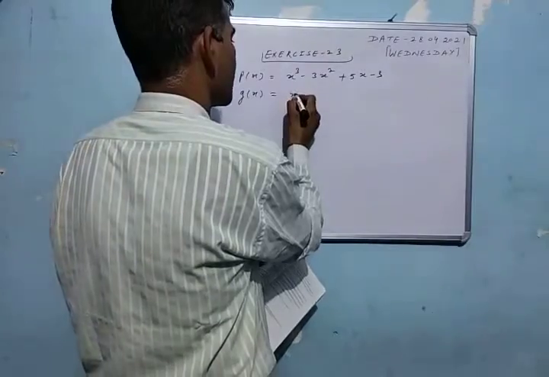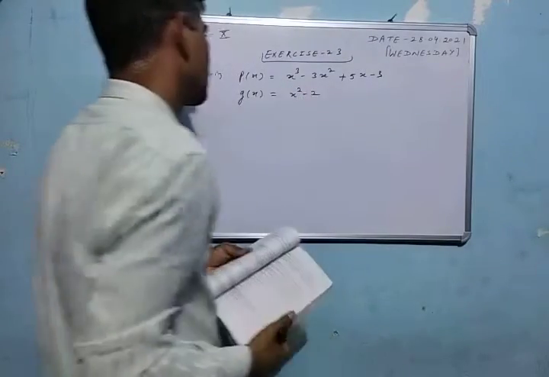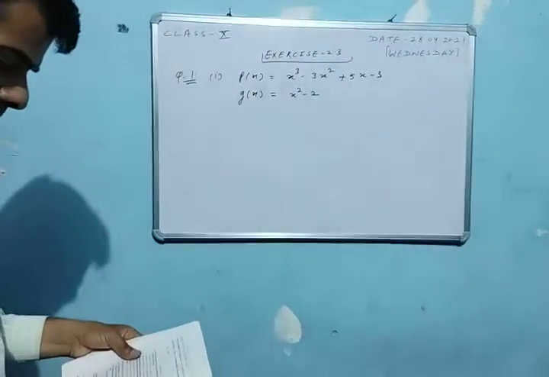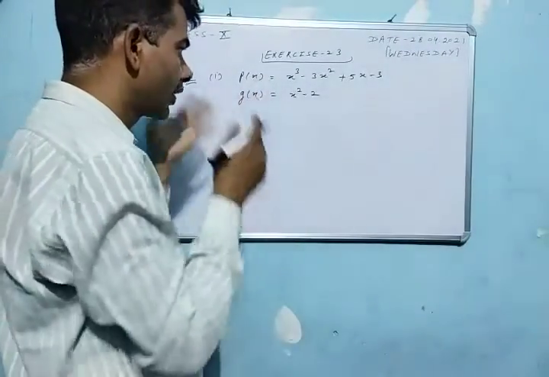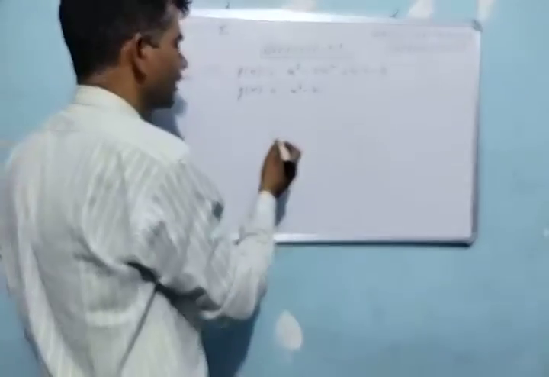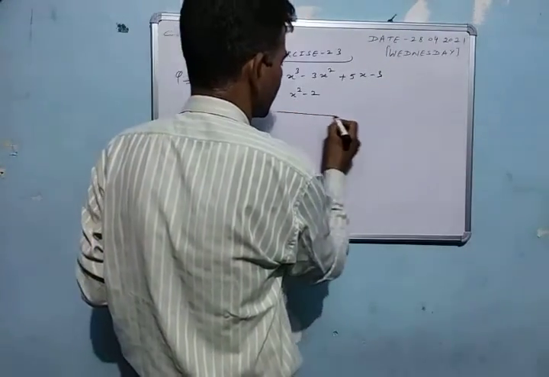You have to divide p of x by g of x and find the quotient and remainder, using the long division method.